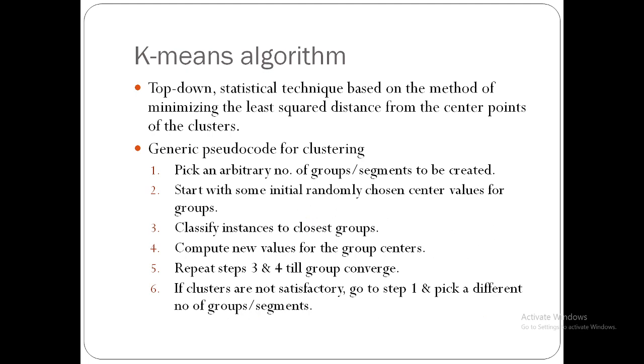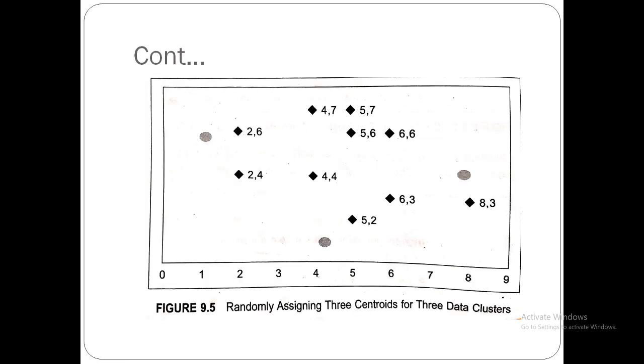According to the algorithm, we have to pick an arbitrary number of groups. First we have to create an arbitrary number of groups here. So we have taken 3 arbitrary groups here. For these 3 groups we have to start adding the items. In the first step, for the data points, distance values will be computed from each of the 3 centroids.